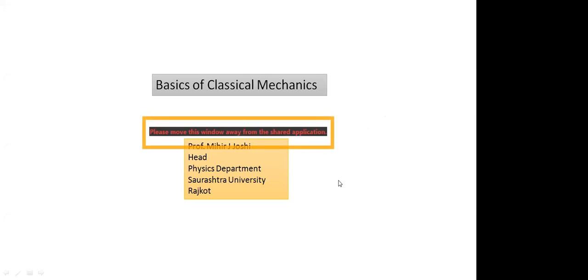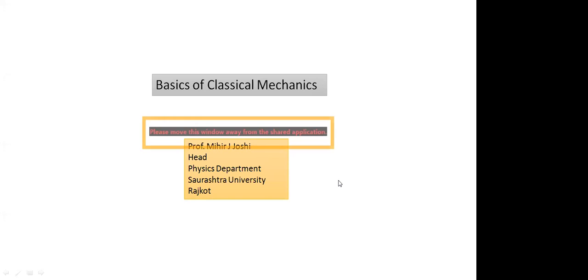And my partner is Dr. Piyush Solanki. He will be teaching mathematical physics. So we have two components in this particular paper. One is classical mechanics. Second is mathematical physics. Mathematical physics will be taught by Dr. Piyush Solanki.